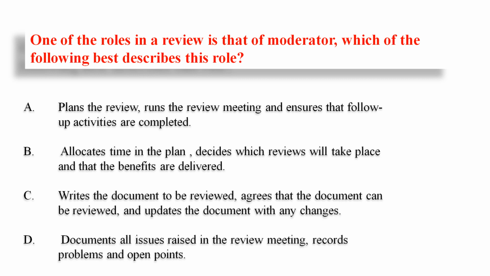This is the responsibility of the manager. And obviously, option A is the correct option with respect to the moderator's responsibility: plans the review, runs the review meeting, and ensures that follow-up activities are completed. Option A is the correct one. The rest of the options are wrong. Next.